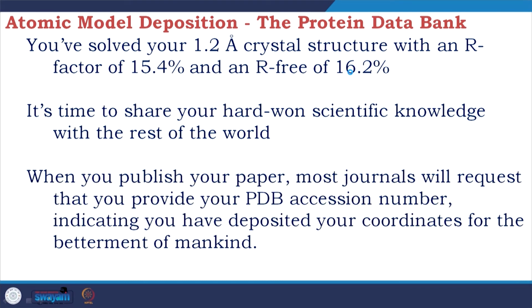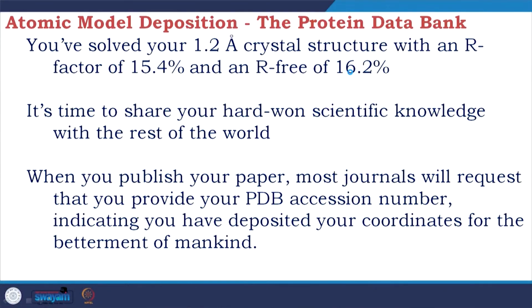When you publish your paper, most journals will request that you provide your PDB accession number. To add to that, nowadays it is not only the PDB accession number, there is a validation certificate coming from PDB. You have to submit that, only then the journal will agree to the fact that you have solved a structure, indicating you have deposited your coordinates for the betterment of mankind.